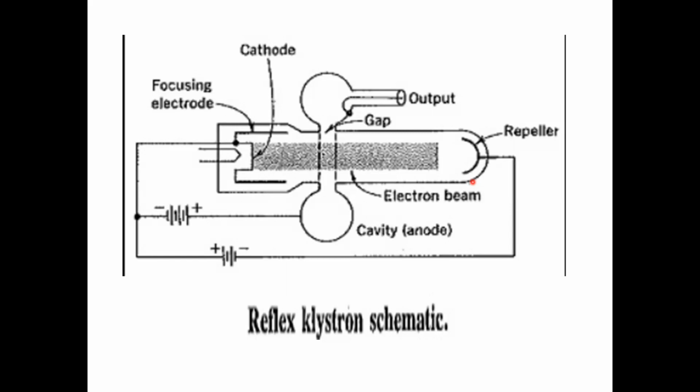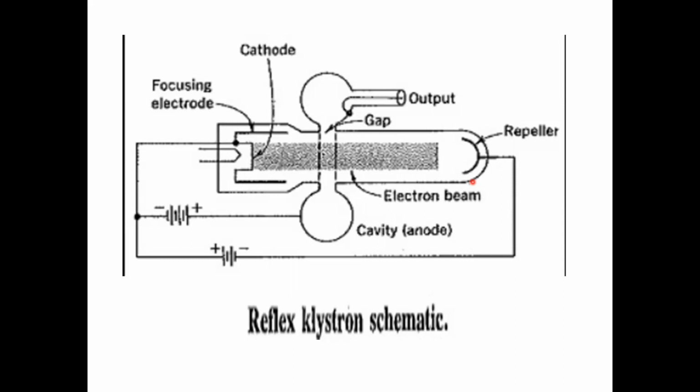Now what is the third electron? Yes, the late electron. This late electron passes the gap later than the reference electron, and it experiences maximum negative voltage. Why? Because it is a negative electron, that is the late electron. So the late electron has maximum negative voltage and moves with retarding velocity.